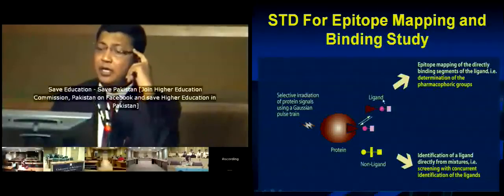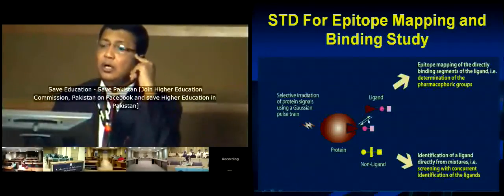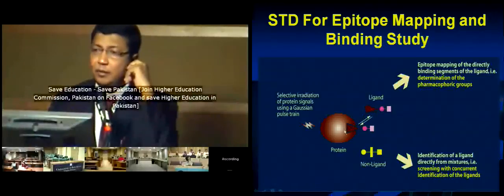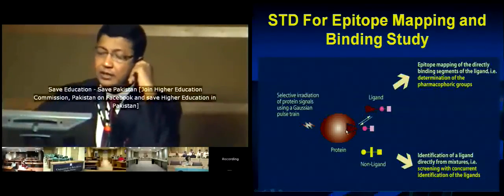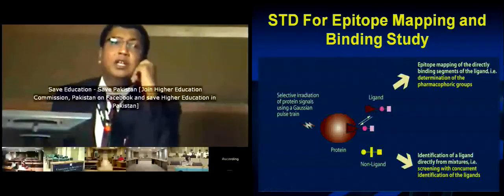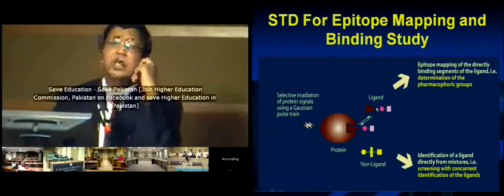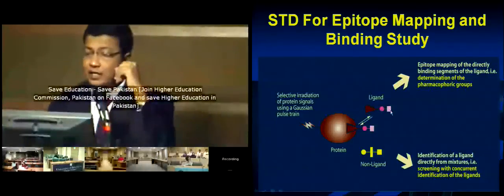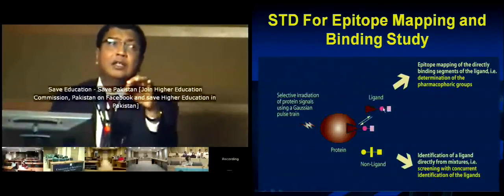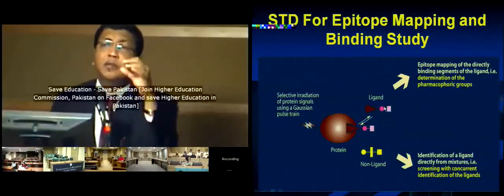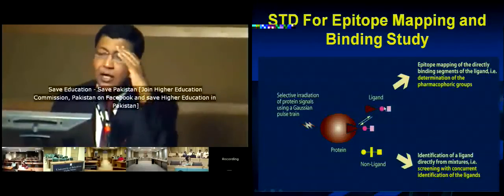Only that particular molecule which is receiving the energy from the protein, from the pre-saturation, and having change in the NMR parameters like chemical shift and intensity, is the true ligand. And this is called saturation transfer difference NMR spectroscopy.